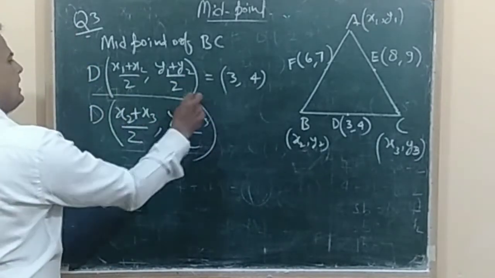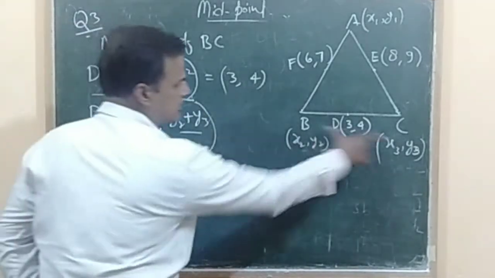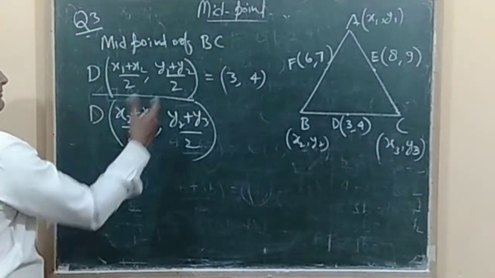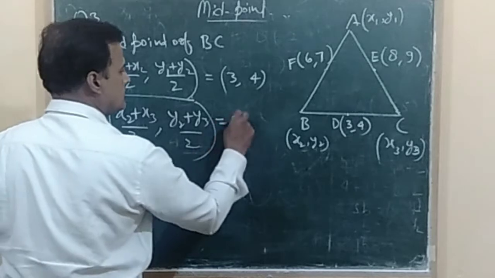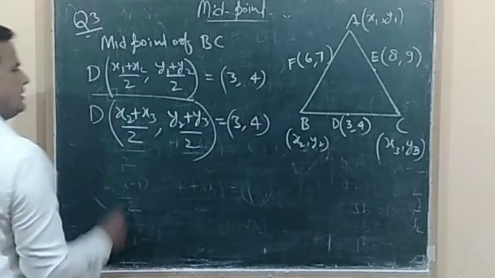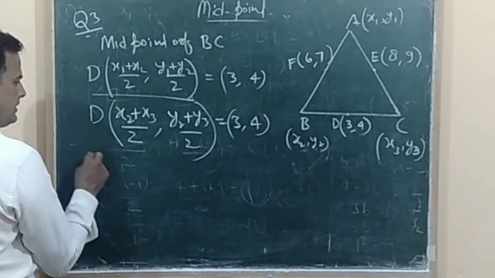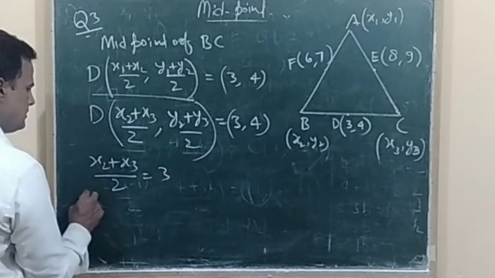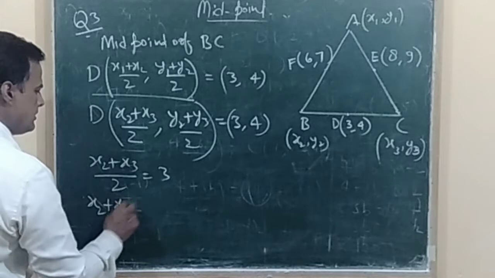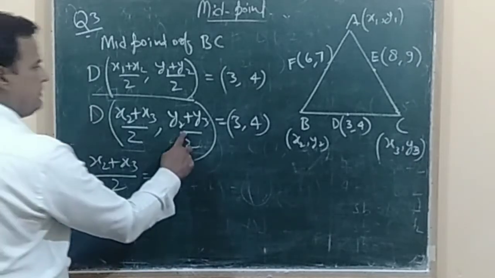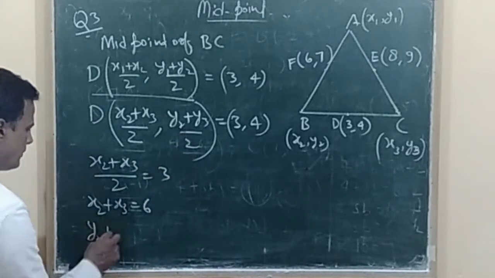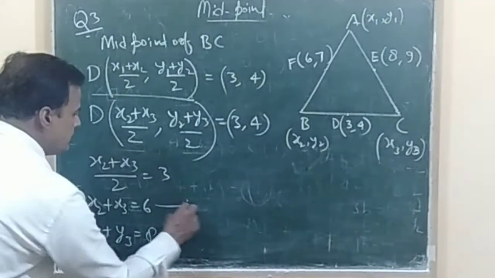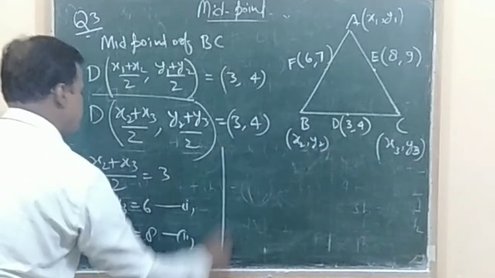Here in this case BC will be x2 y2 and x3 y3, just a numbering change, nothing else. (3, 4) is the given midpoint. Now comparing both sides we get x2 plus x3 upon 2 equals 3. This means x2 plus x3 equals 6, and from here we get y2 plus y3 equals 8. This is equation 1, this is equation 2.